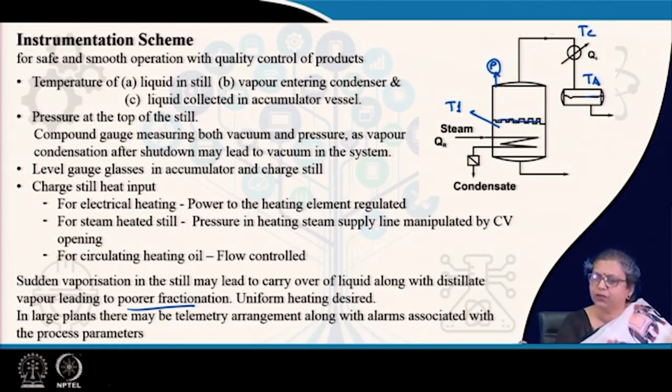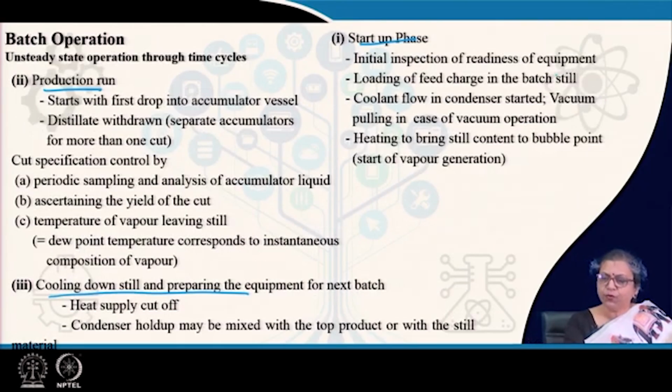In this way, the entire system gets heated, and after a sufficient amount of vapor has gone and gets condensed, the moment the first drop of liquid enters the accumulator vessel, we start the production run.